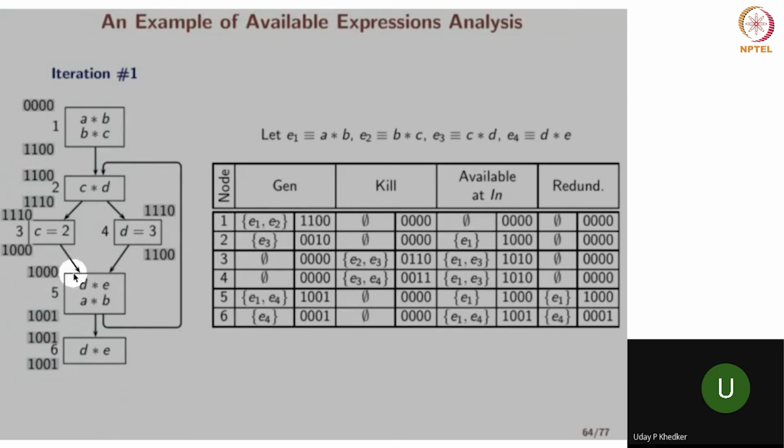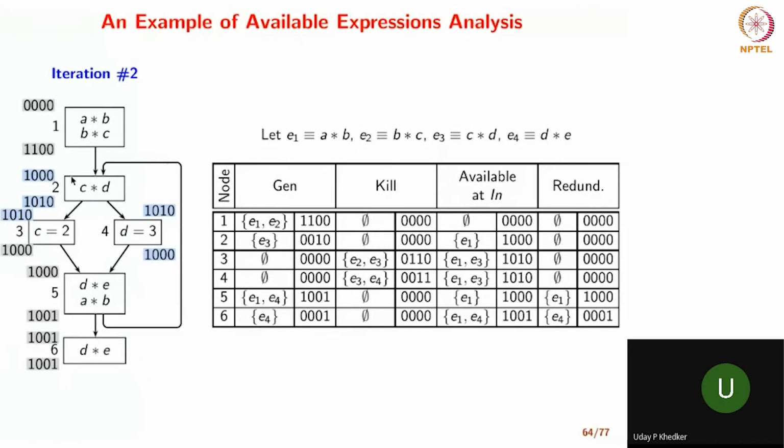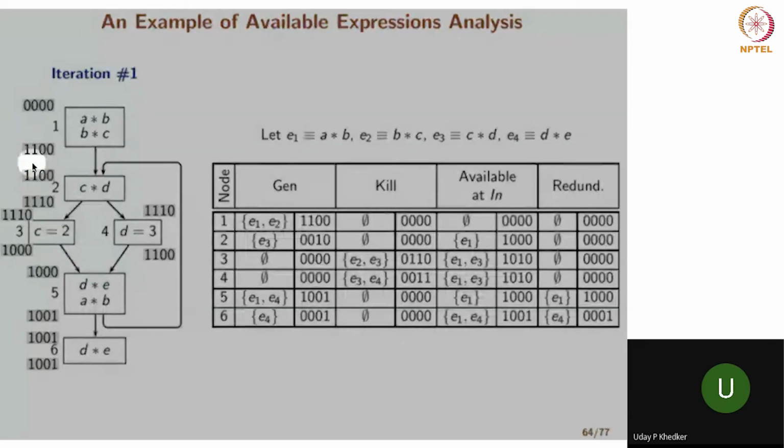Now we have A star B available here. D star E is being computed. So we have 1001 here, and we have 1001 here, and we have 1001 here. Now we can perform the analysis once again, and we observe that there is a bit of change, because this value was 110. It was the effect of 1100 and the initial value was 111, but this has become 1001.